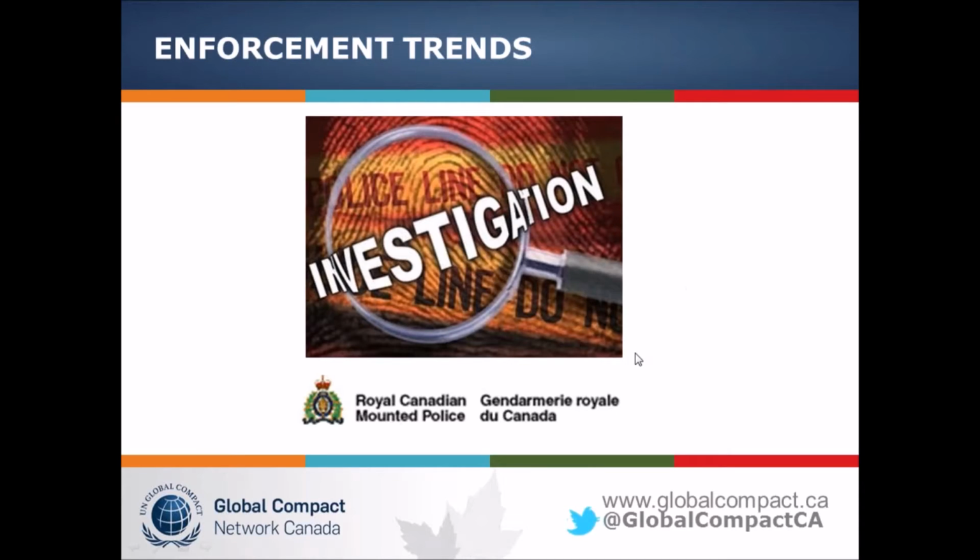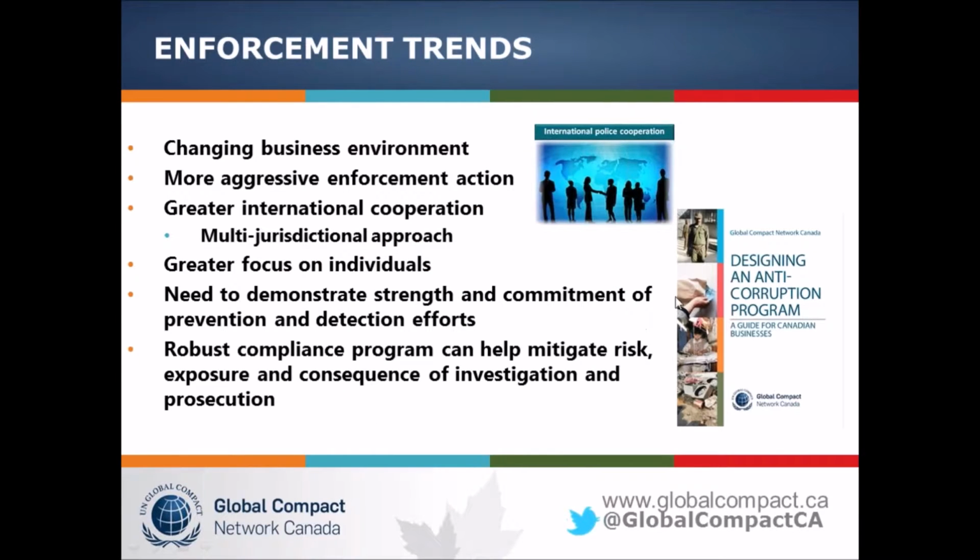Again, next one. So basically my role, and put it in context that the RCMP is there to enforce the CFPOA. But really what's important to understand is that we're part of the global network and the global compact, where all the conventions that many countries have signed address the problem of corruption. Part of our role, of course, is enforcement. But really the most effective way to deal with corruption is to prevent it.